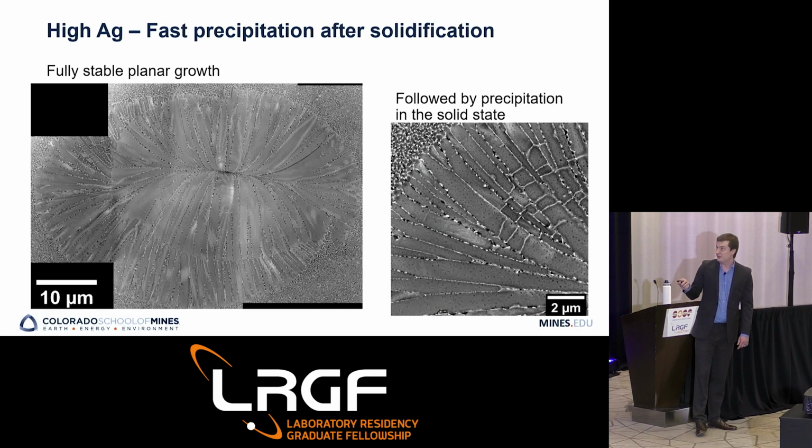So going up even more in silver content, we don't even have that temporary planar destabilization at the interface between melt pools anymore. It's just a fully stable solid-liquid interface all the way through. We don't get any partitioning. But when we reheat that first melt pool with a second melt pool embedded inside of it, we do get some precipitation.